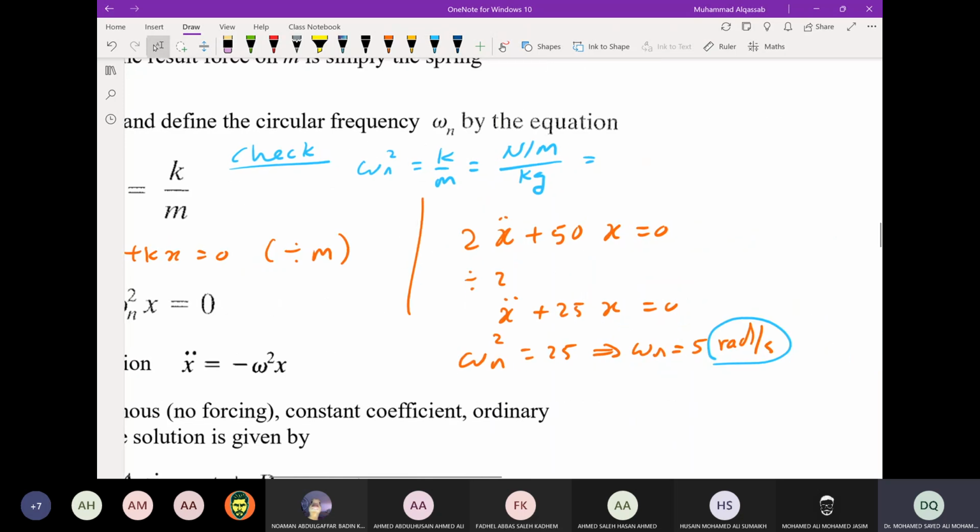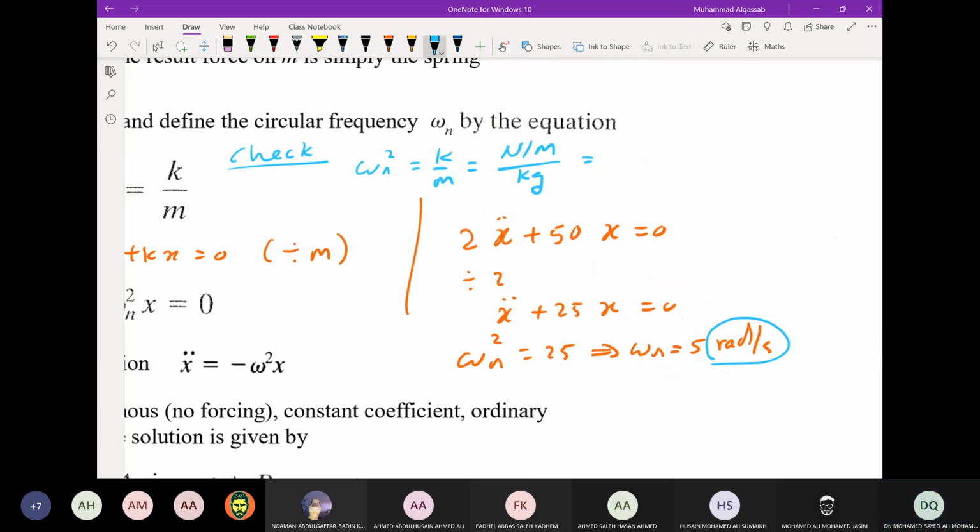Newton is a derived unit, and Newton is kilogram meter per second squared. Multiply by meter divided by kilogram. You can see that kilogram and kilogram cancel out, and meter cancel out, and this will be 1 over second squared.